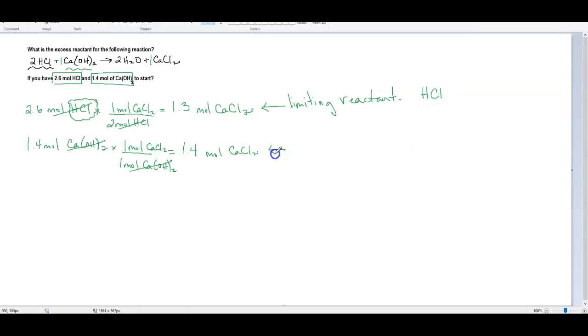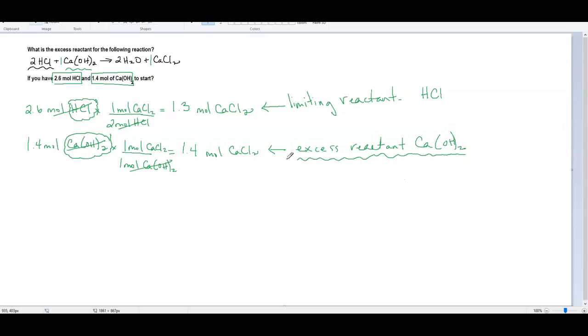That means that my Ca(OH)2 is actually going to be my excess reactant. And that's because it makes the most product in this case. And so that is the answer to the question, what is the excess reactant in the following reaction?